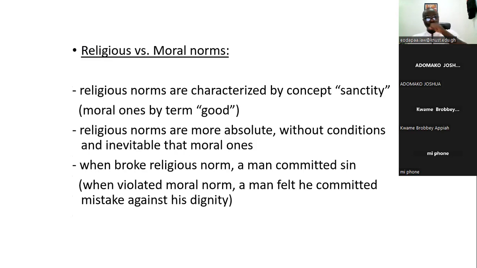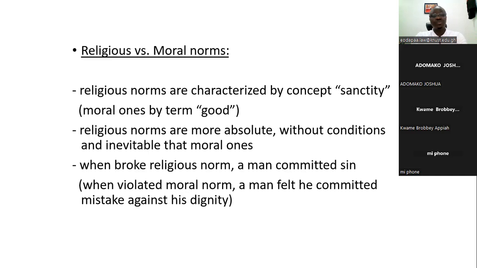Religious norms are often characterized by the concept, if you like, of sanctity, as in holiness. And for moral, we use the term something being good or something being bad. But the difference between this and religious norms is that religious norms are more absolute.